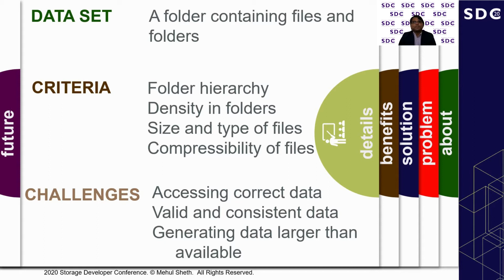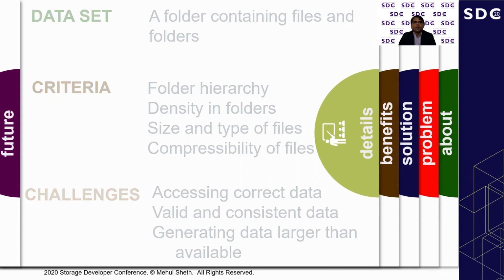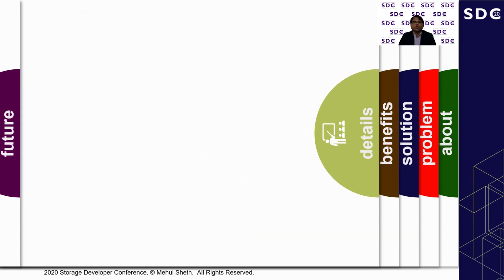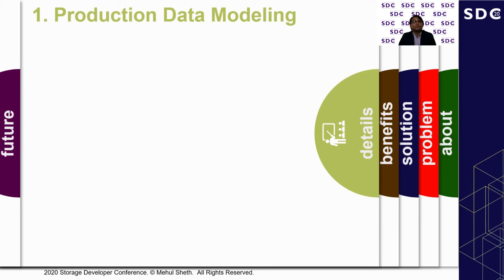The implementation consists of two parts. First is to generate a model from production data and then create data using it. The first part of modeling can be broken into three steps.